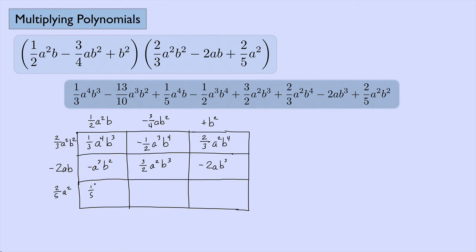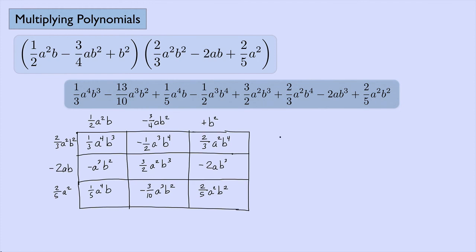So this will be 1/5 a to the 4th times b. This one's going to be negative, and let's see, the 2 and the 4 will leave a 1 and a 2, so this will be 3/10. And this will be a cubed b squared. And then lastly, right here, I'm going to have 2/5 a squared b squared.